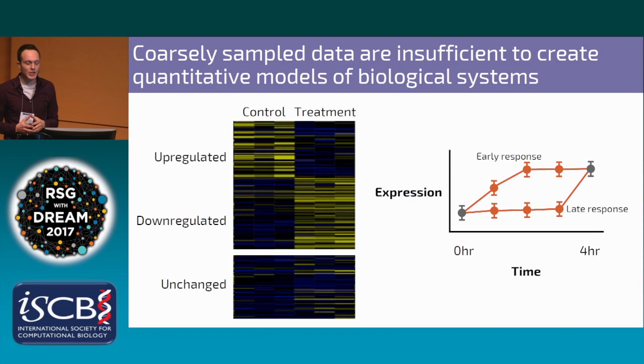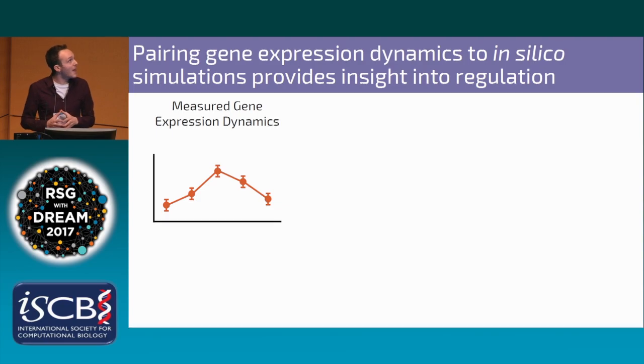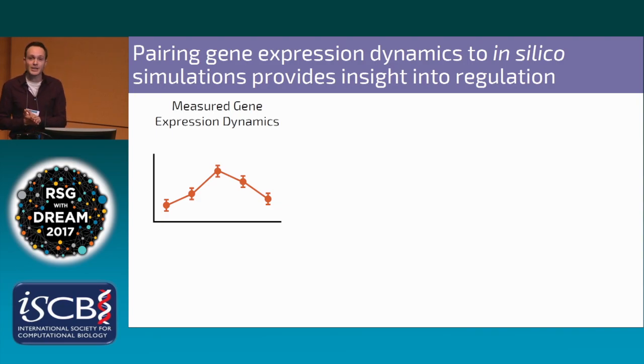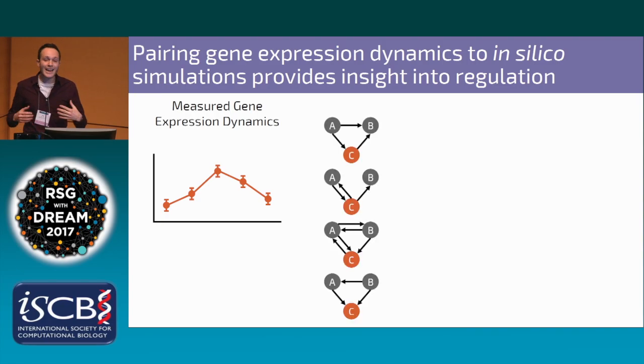So to overcome these challenges, we developed a method where we pair gene expression dynamic data with in silico models, and I'm going to walk through how that works. So if we take the extra time up front to get high quality gene expression time course data, we can then create a library of small dynamical models that may possibly explain this behavior.